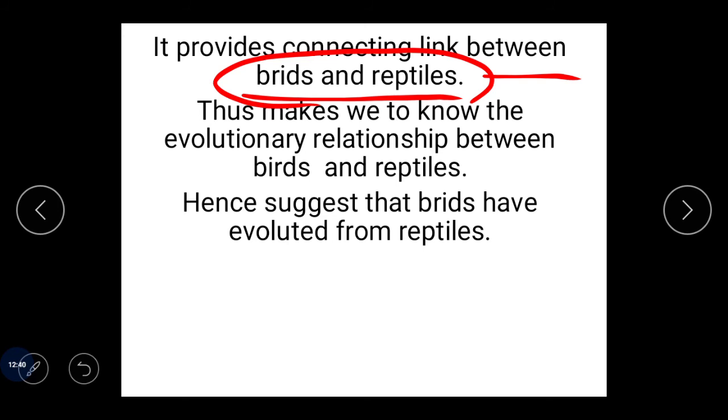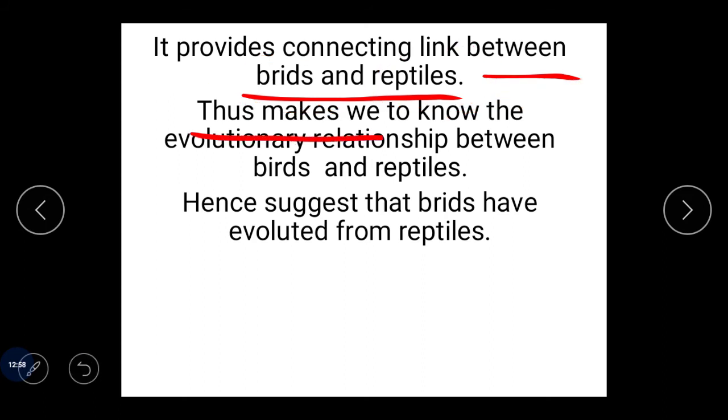Like the example I just gave of Archaeopteryx. It provides a connecting link between the bird and the reptile. Why? Because it has feathers like a bird, and teeth and a tail like a reptile. So it makes us understand that there is an evolutionary concept.